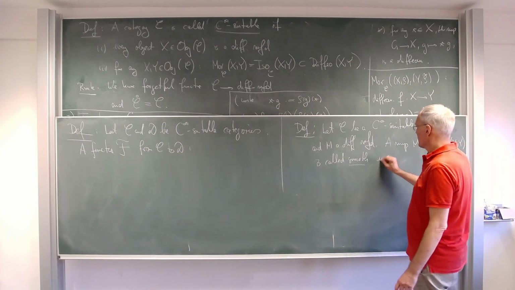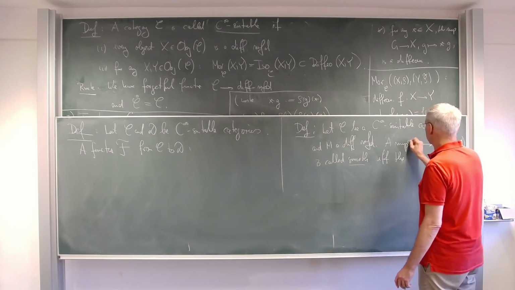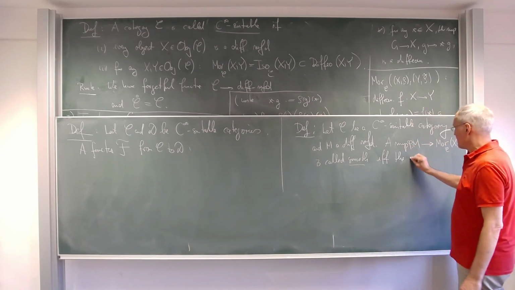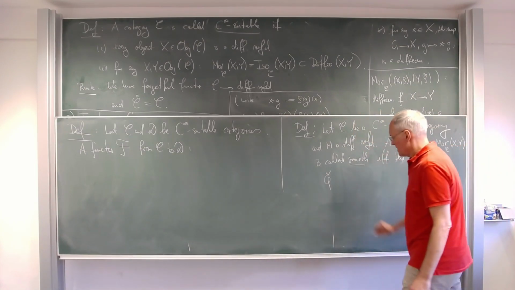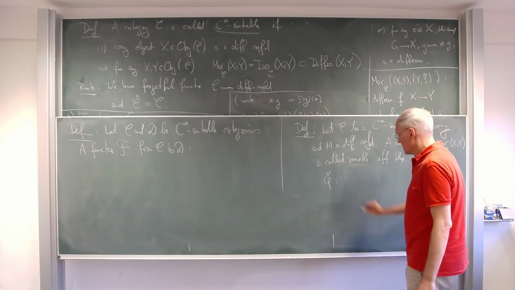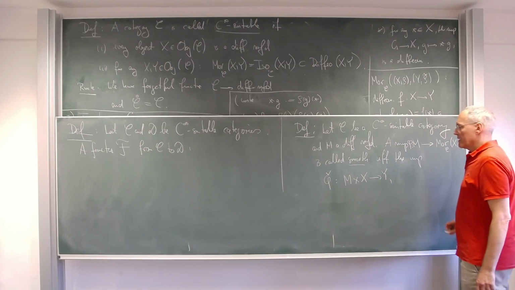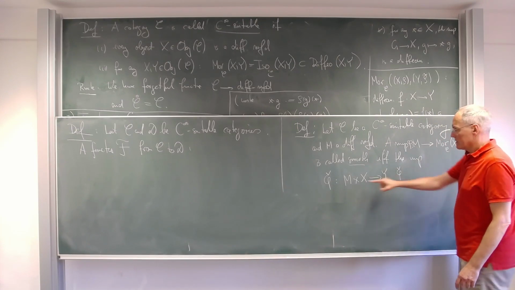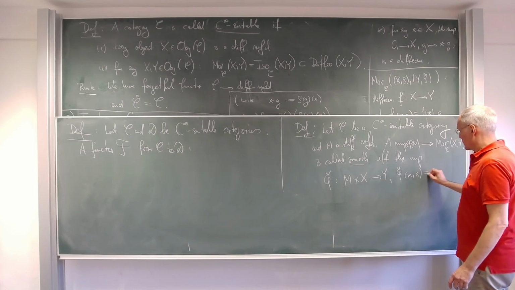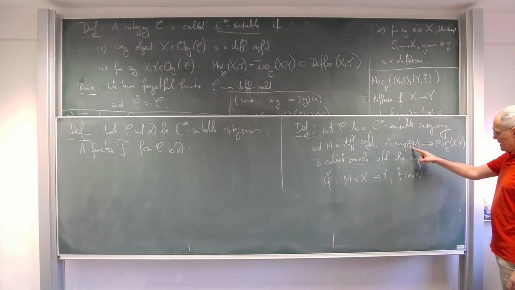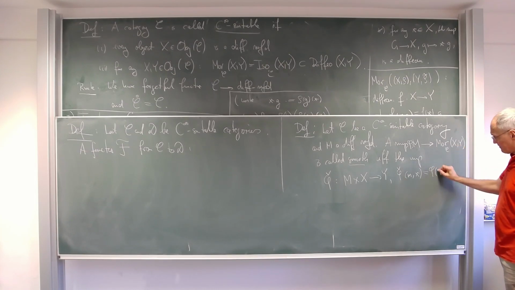It's called smooth if the map, let me call the map phi, if the map phi check, which is defined on M cross X to Y, takes an element of M and an element of X, and what does it do to it? Well, M can be sent to a morphism via the map phi.